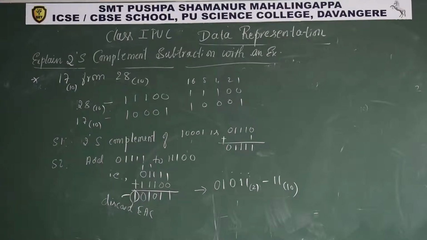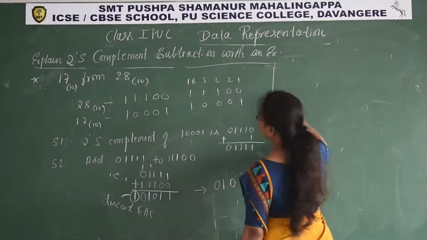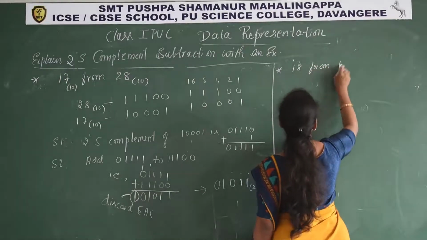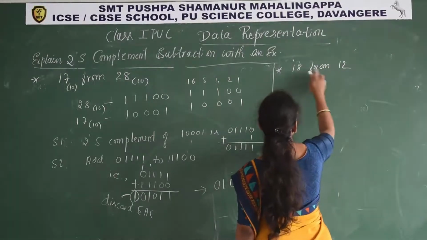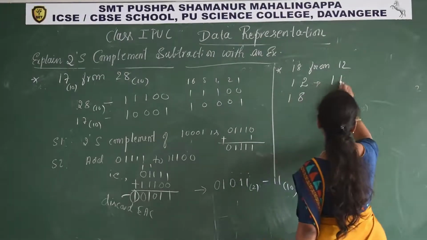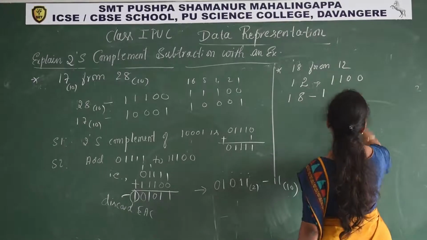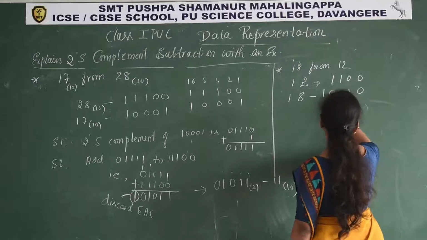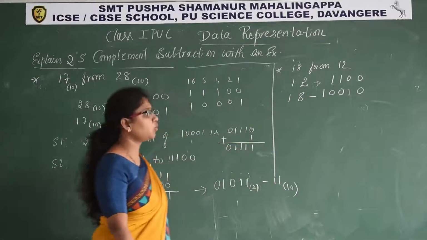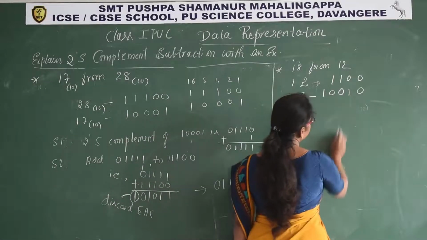Subtract 18 from 12. 12 is the minuend and 18 is the subtrahend. 8, 4, 2, 1. Here 16 plus 2, 18. To write 12 in binary, 4 bits are enough, but for 18, 5 bits are needed.